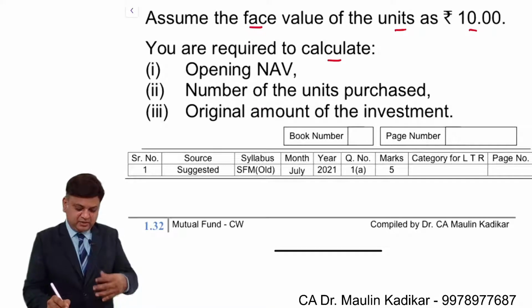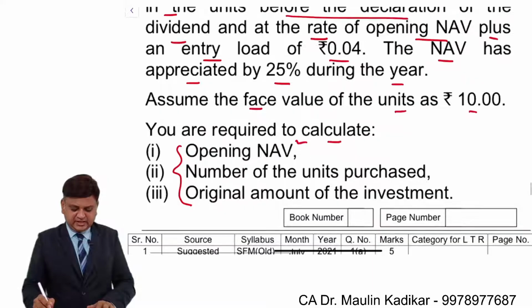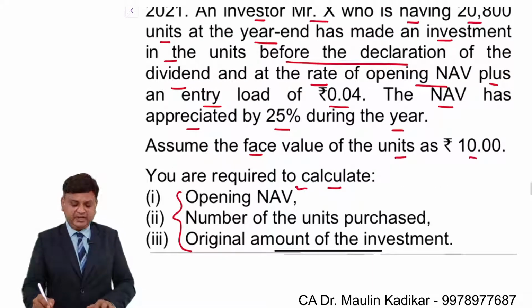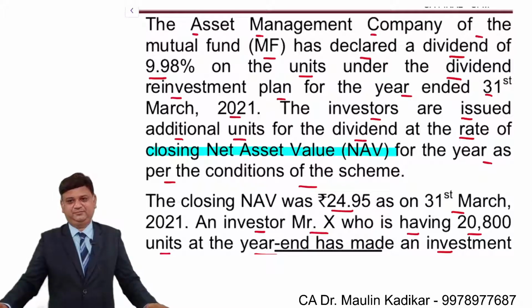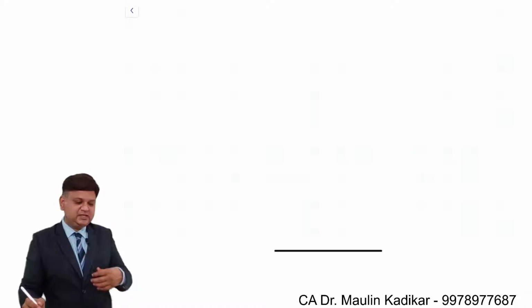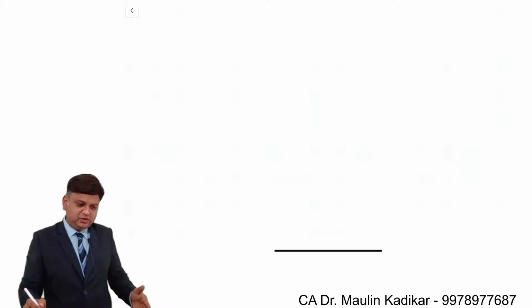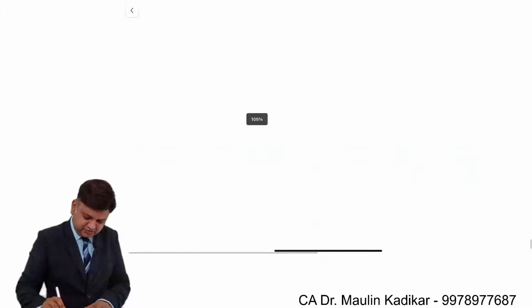You are required to calculate the following three answers. I request you to write the answer of the first, opening NAV, in the chat box. Let us understand how to calculate the answer. The asset management company of a mutual fund declared a dividend of 9.98 percentage.